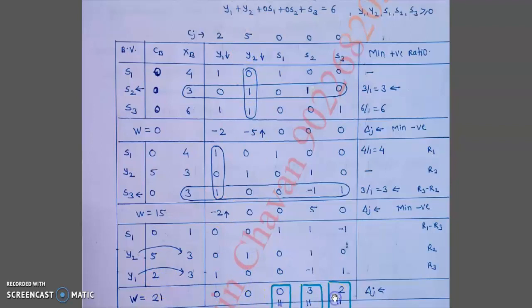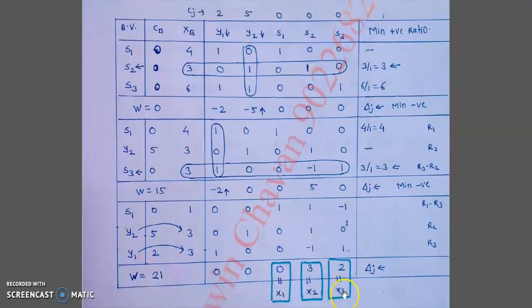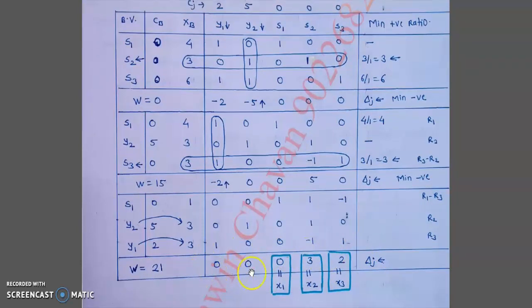Similarly 0, 3 and 2 are obtained. Okay, as you can see, the delta j row contains either 0 or positive values. We cannot proceed further, that's why we are at the optimal stage. So the answer is W max is 21 at y1 equal to 3 and y2 equal to 3. Okay, so this is the answer of the dual LPP.